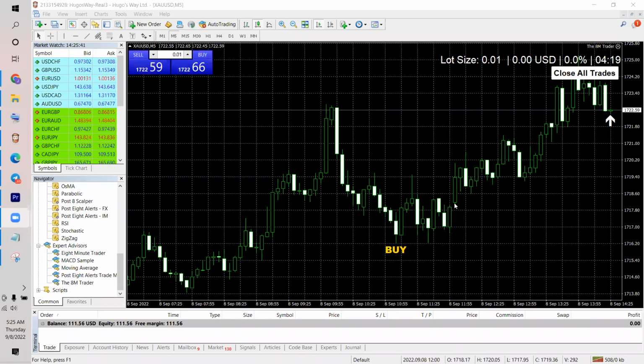Okay, everybody. So we just see that our last candle closed, and now we have an arrow that's pointing in the upward direction. So we're going to wait for that candle to close before we take an opportunity to trade, as long as that arrow pointing up holds.